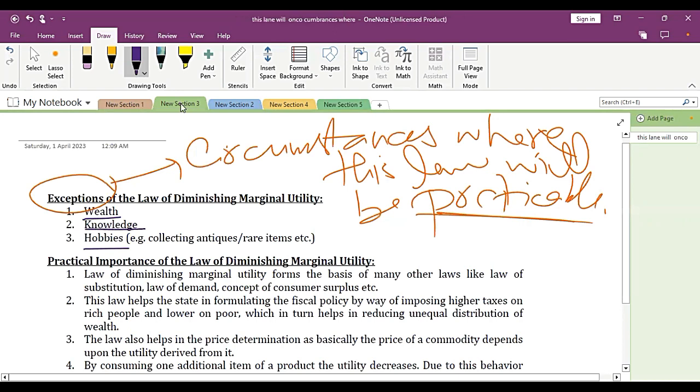Other is human hobbies. Sometimes we never think about marginal utility or total utility or a satisfaction level. Sometimes we do things for hobby purposes only.